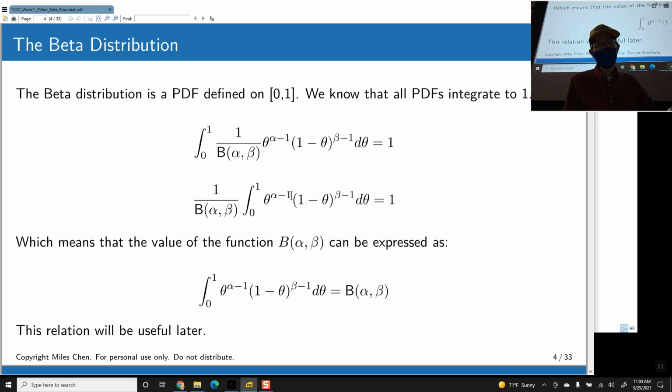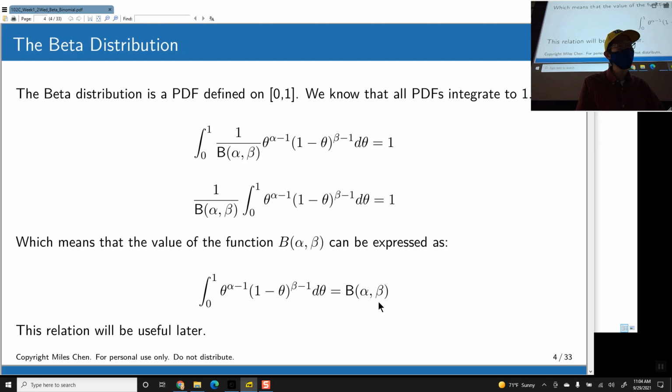And so what this means is that if I were to factor out this coefficient, 1 over beta of alpha comma beta, which is just a constant, then this part over here, the integral from 0 to 1 of theta to the alpha minus 1, 1 minus theta to the beta minus 1 d theta, must integrate to beta of alpha comma beta.